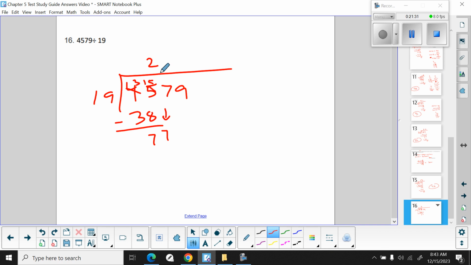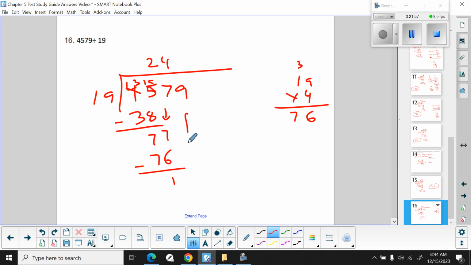Let's see. 20 times 3 is 60. That's not enough. 20 times 4 is 80. Let's try 4. 4 times 19. 4 times 9 is 36. Carry the 3. 4 times 1 is 4, plus 3 is 7. Yep, that's under 77, 76. So we're going to do 4 times 19 is 76.